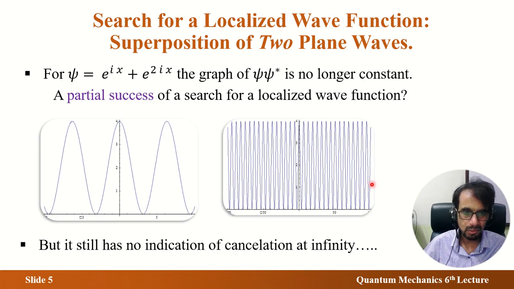That would tell you that it becomes 0, then it again becomes non-zero. So there is no permanent 0 at infinity. So that idea did not work totally well.